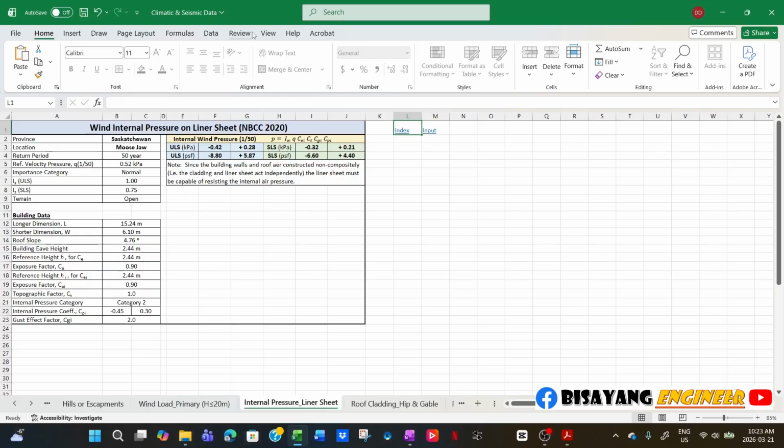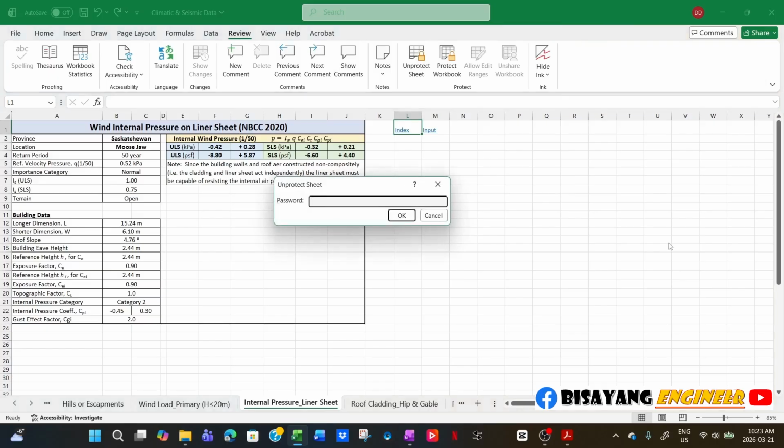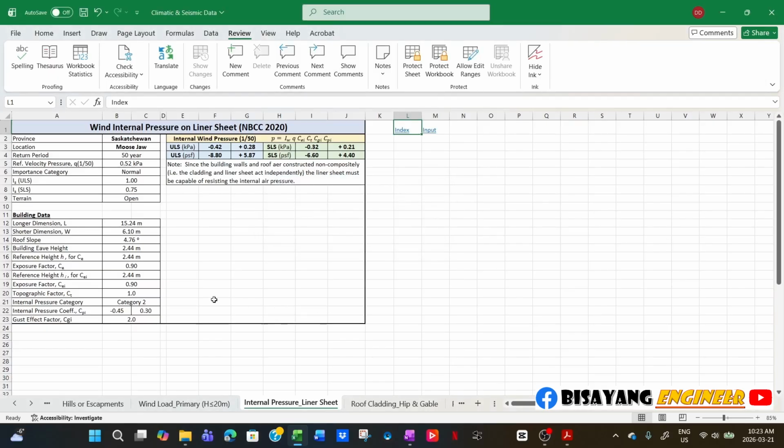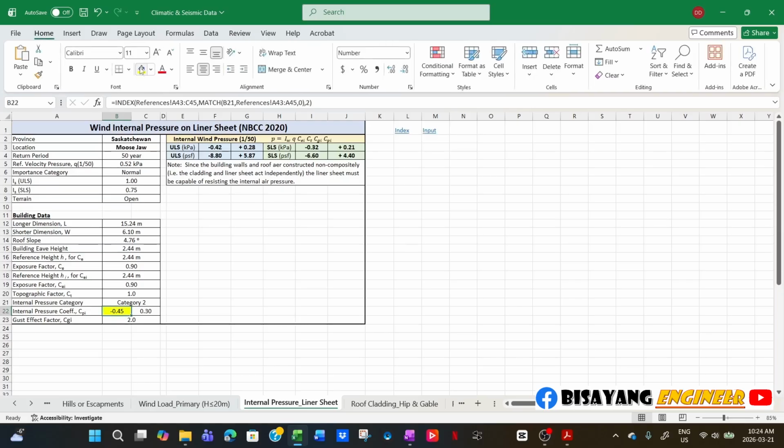If you multiply negative 0.45 and 2, that gives us negative 0.9. And at the same time, 0.3 times 2 is 0.6. So that's this one here.